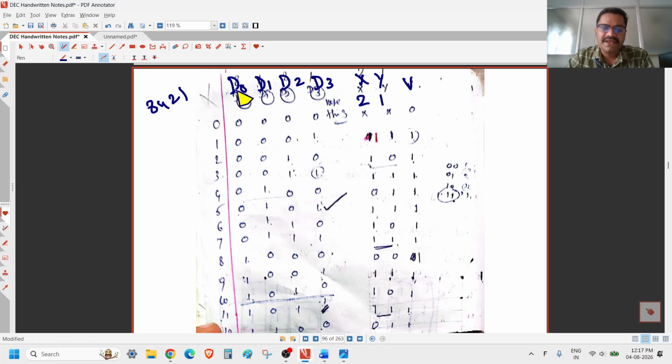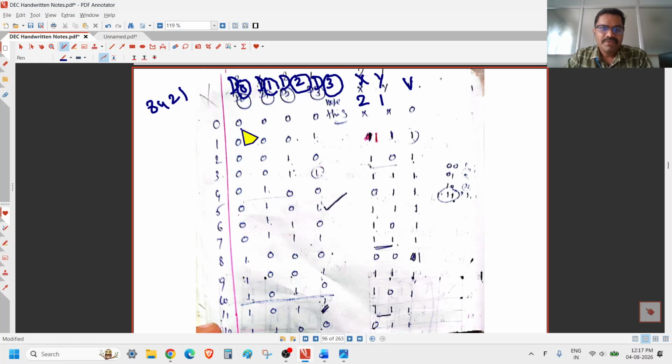The suffix value is the priority value: consider 0 here, 1 here, 2 here, 3 here. Now you check the input, and according to the priority, you mention the output here. It's very simple.